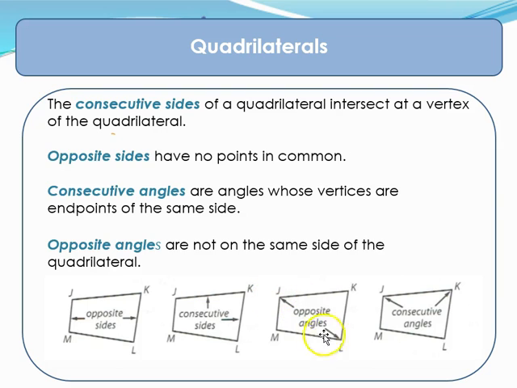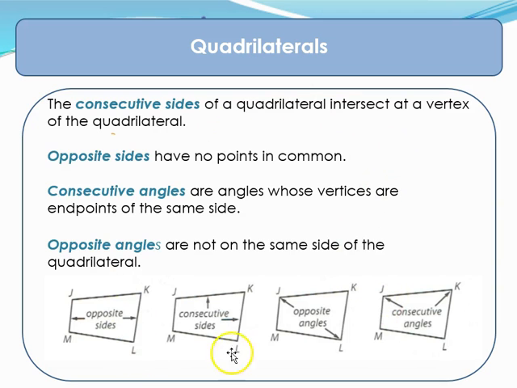You have opposite angles. Opposite angles are not on the same side of the quadrilateral. So J and L are opposite and K and M are opposite. And then you have consecutive angles, and the consecutive ones would be JK, and then another pair would be KL, another pair would be LM, and another pair would be MJ.